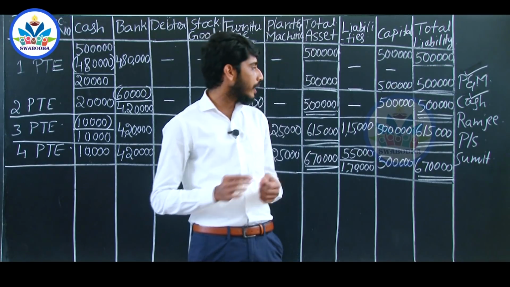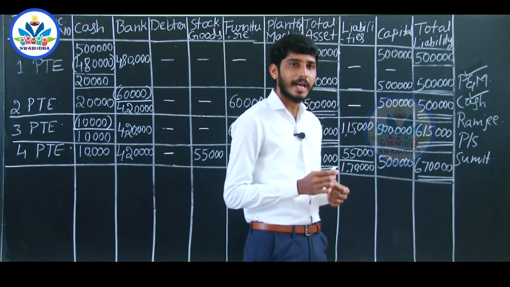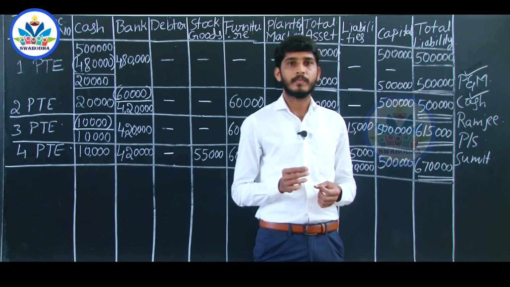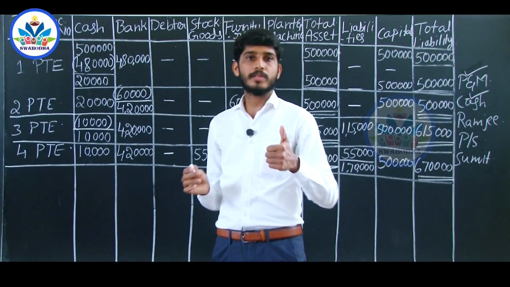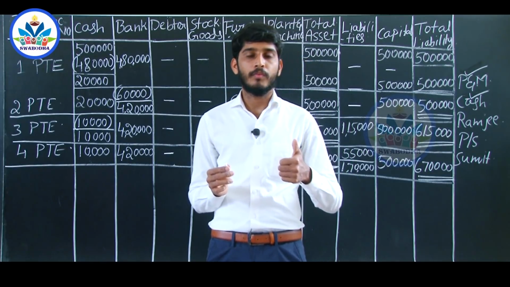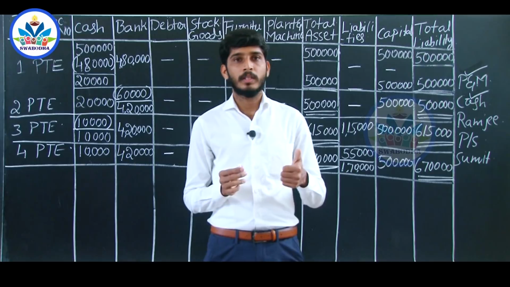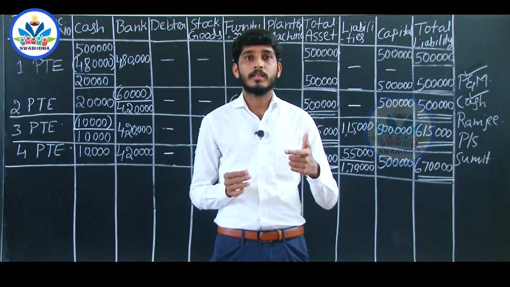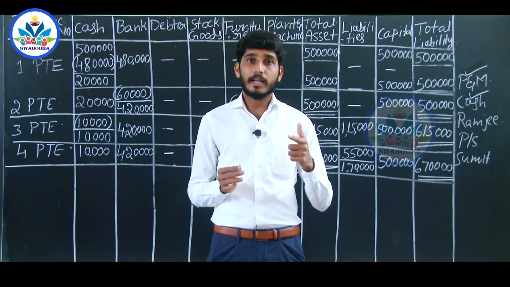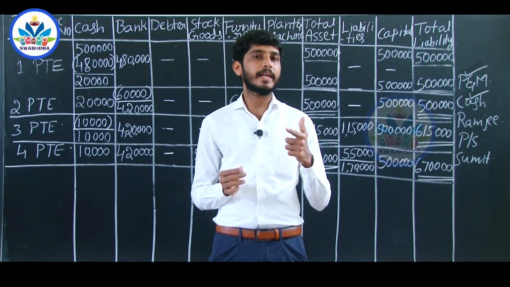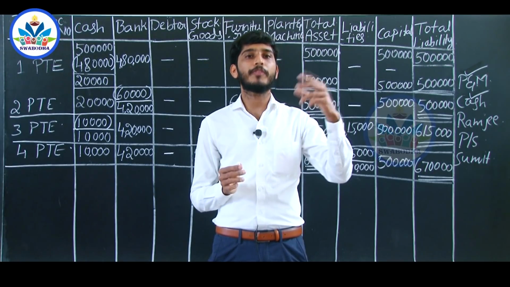Now, the accounts involved in the transaction are goods we have sold, Rajani Traders who is a debtor, we have the right to receive from Rajani Traders, and we have sold at a profit margin.